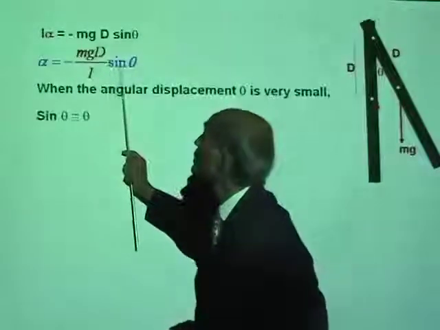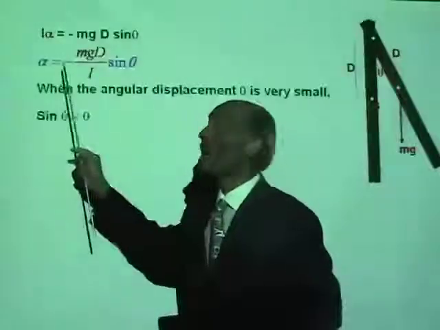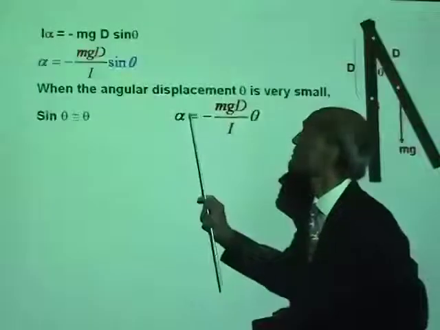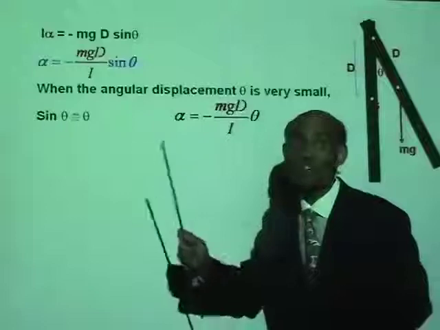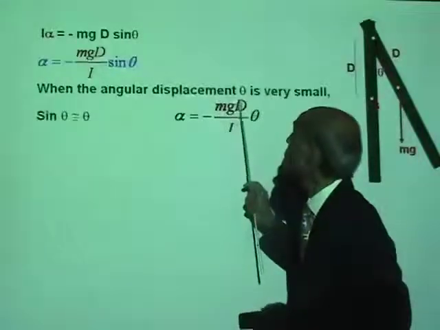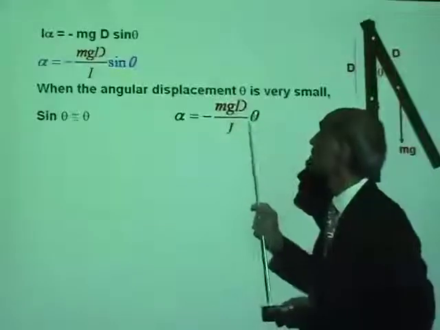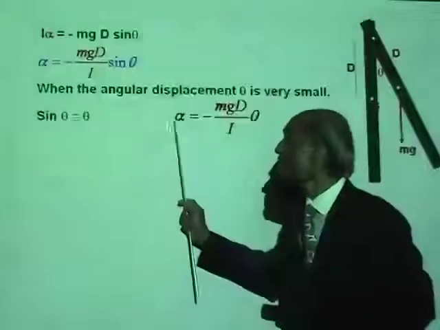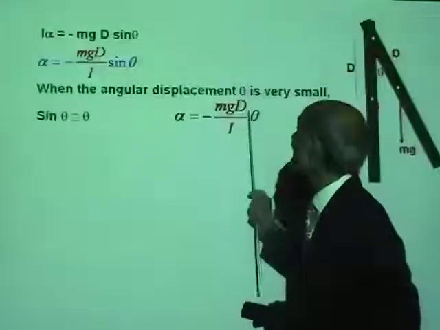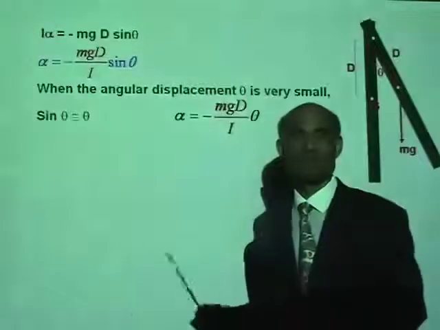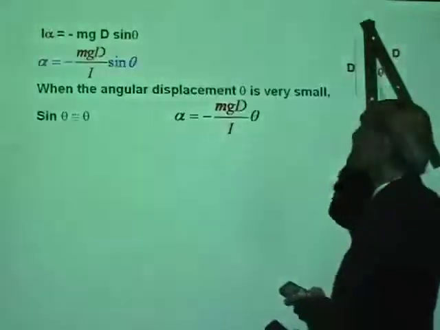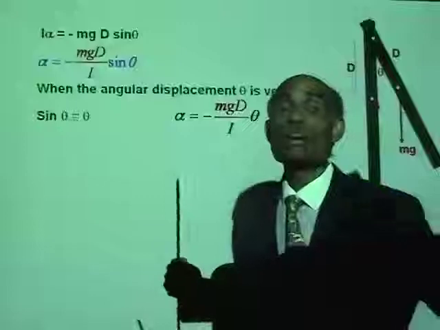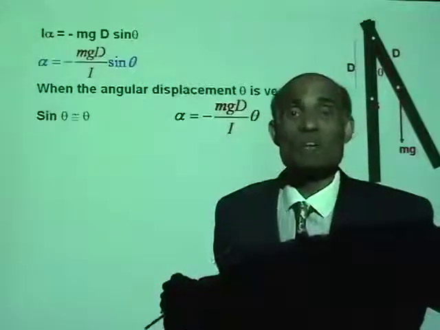So I'm going to replace sine theta by theta, and what will the angular acceleration be equal to? Angular acceleration alpha is negative mgd over I times theta, where theta is the angular displacement. Now, this is the equation for this physical pendulum. Can we now compare this with the equation for simple harmonic motion we developed earlier?